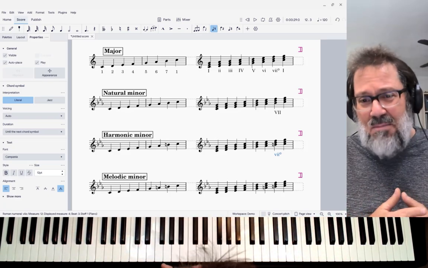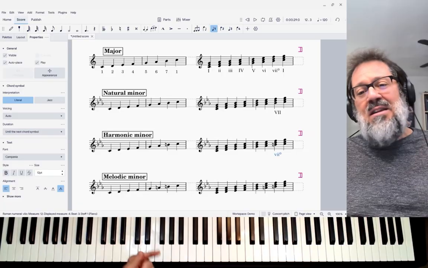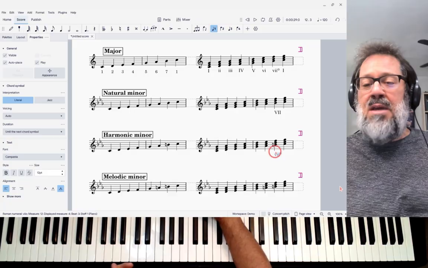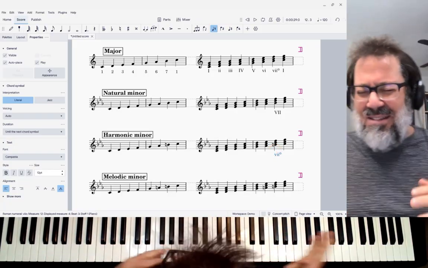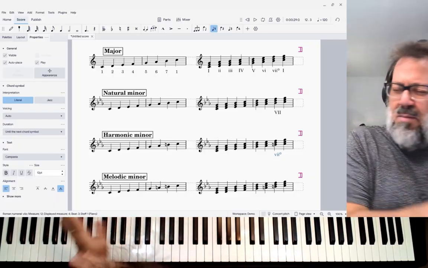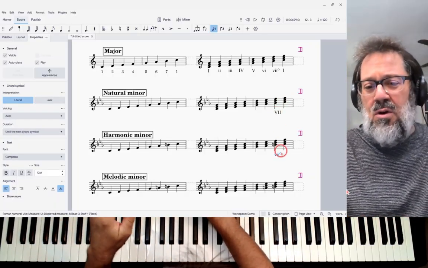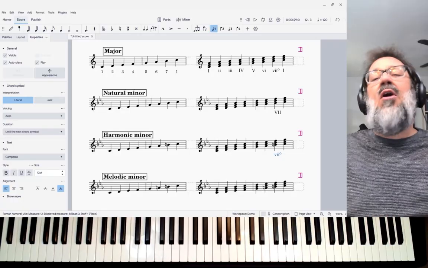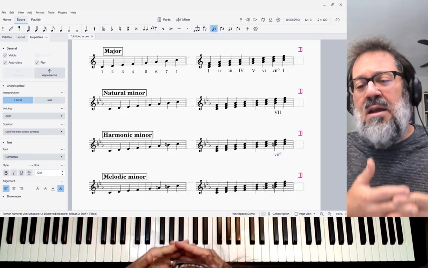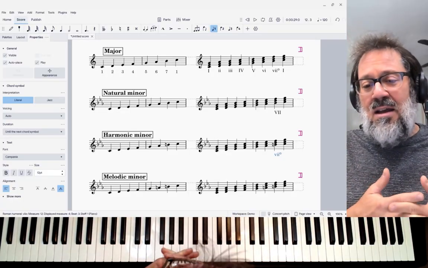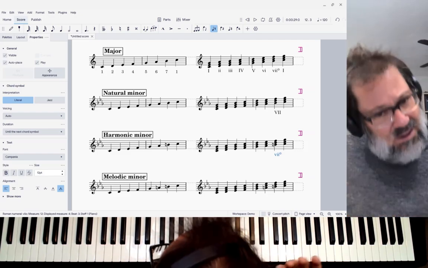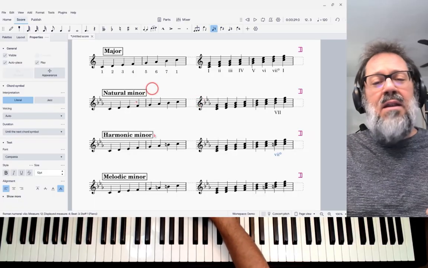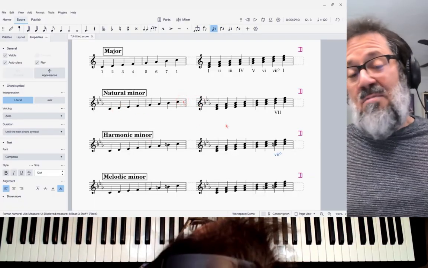But at some point, I think musicians started saying, you know what, this seems needlessly ambiguous. I shouldn't have to guess whether you mean B flat or B. If I see a 7, I don't want to have to guess. Does that mean B flat or B? It's going to depend on whether I'm in natural minor or harmonic minor, or whether it's a capital V or a lowercase. I just want to know if it's B flat or B. So the more common way we notate these scale degrees, at least in the jazz world, but a lot of other modern musicians as well, is to say, let's just label everything according to the major scale.